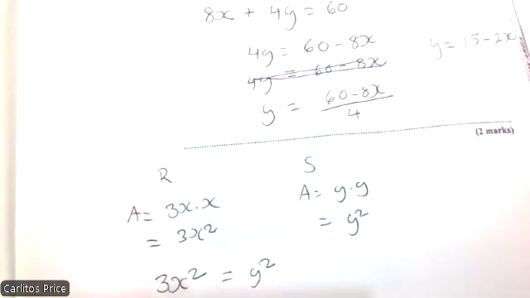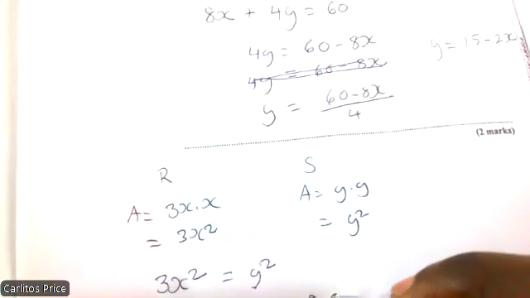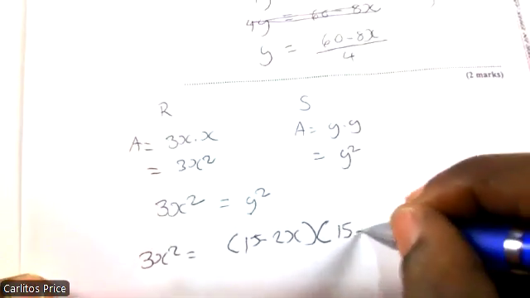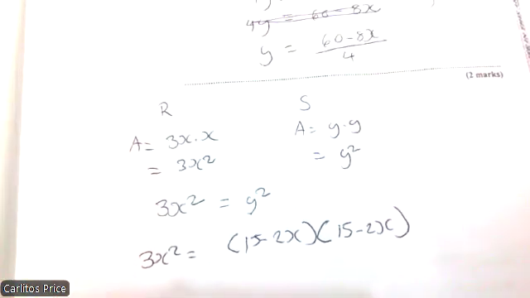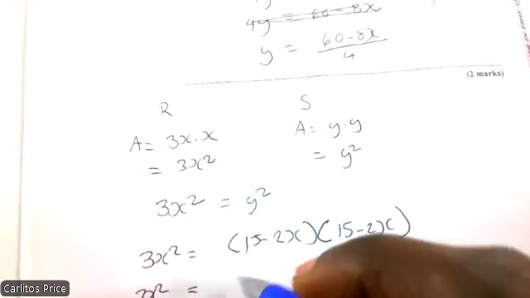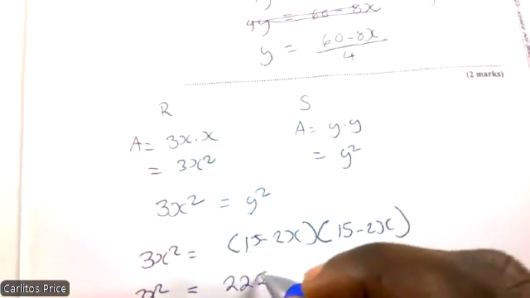So 3x squared would then be equal to y squared, which is the same thing as 15 take away 2x, squared. Let's go ahead and put 15 take away 2x, because that's what squared means: 15 take away 2x times 15 take away 2x. So 3x squared is equal to 15 times 15, which is 225.